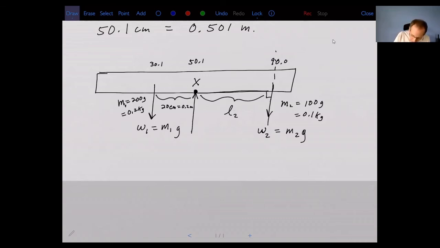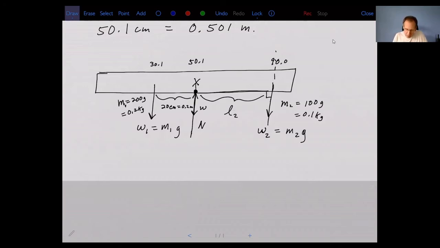I have a normal force because the stand is pushing back up on the knife edge, so it's ultimately pushing back up on the meter stick. And of course, the weight of the meter stick itself is a force, and that acts at the center of mass. So I'll draw it from the center here. I'll call it W, the weight of the meter stick itself. So I have 4 forces.